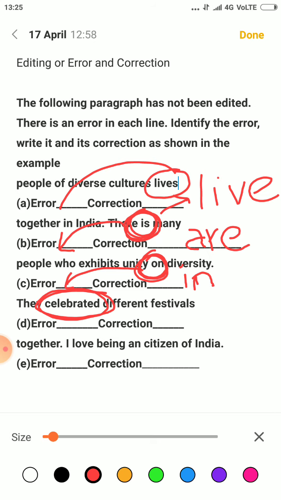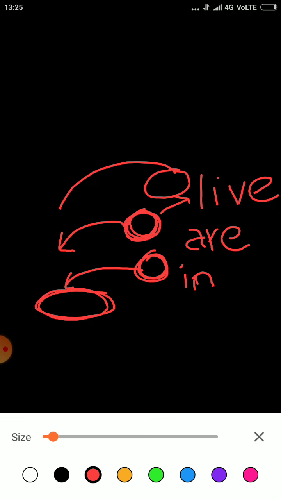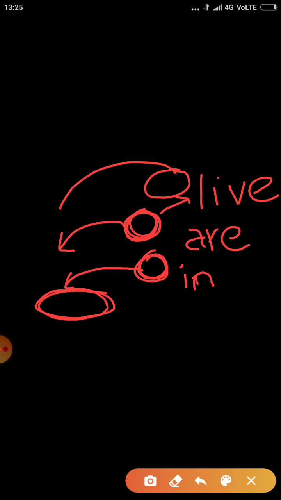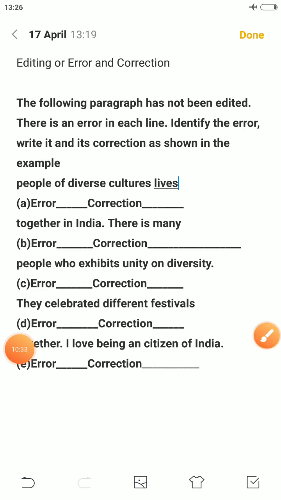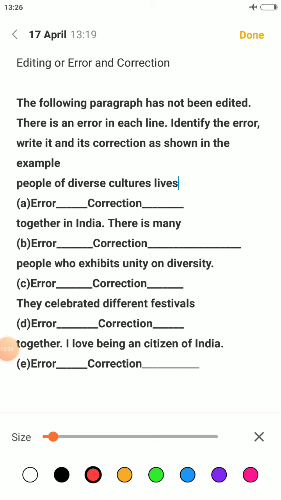So the error is celebrated and the correction should be celebrate.